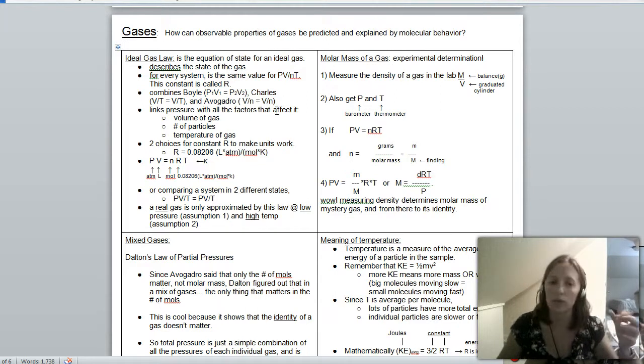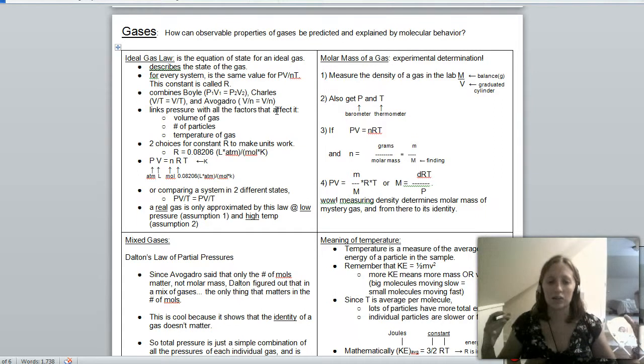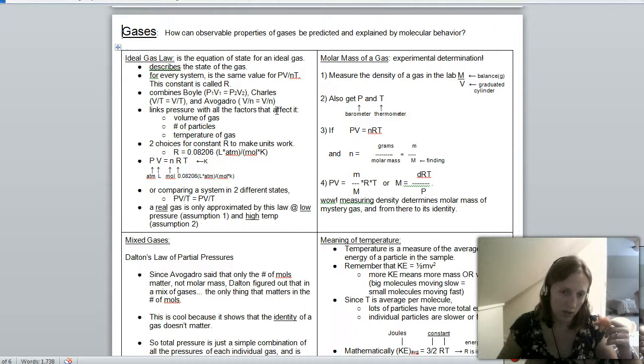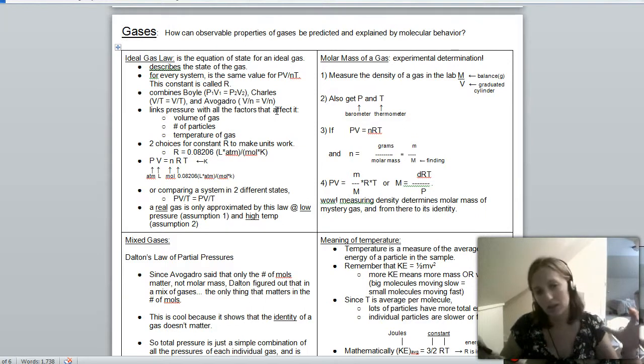But primarily with PV equals nRT, you're using the 0.08206. So the ideal gas law is this combination of all of the things that affect what the gas is up to. It tells you the volume of the gas, the number of particles of the gas, the temperature of the gas, and all those 3 tell you what the pressure is doing.